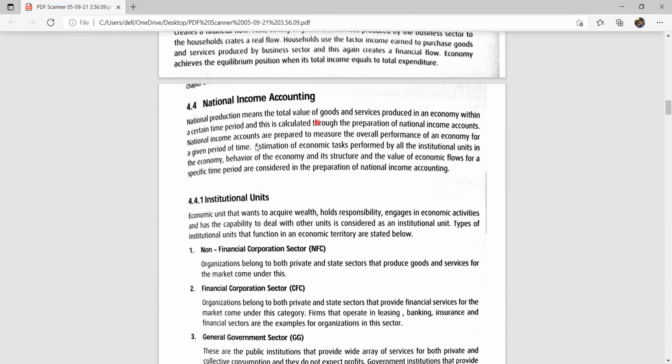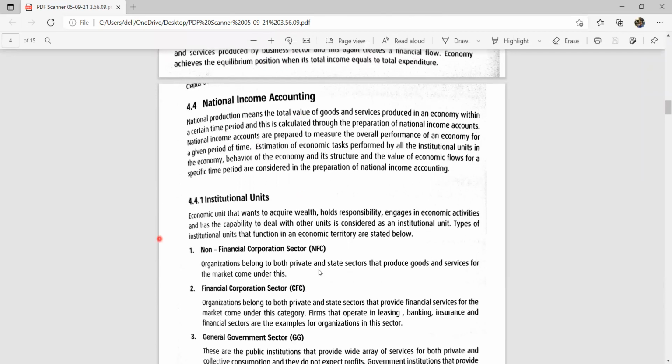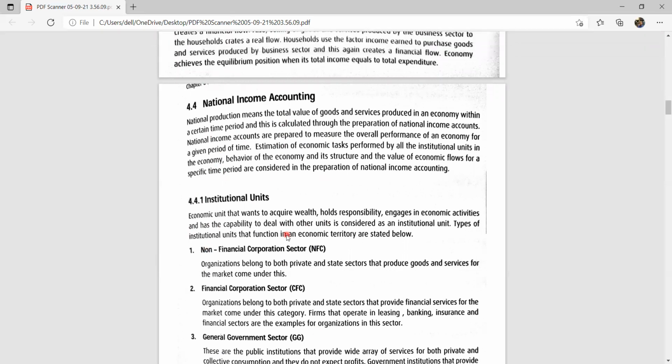After that, we consider national income accounting. Businesses have to make accounts. Businesses should prepare accounts. What are the accounts? Profit, we can say, the statement of comprehensive income, as well as the statement of financial position, like the main statements of a business.